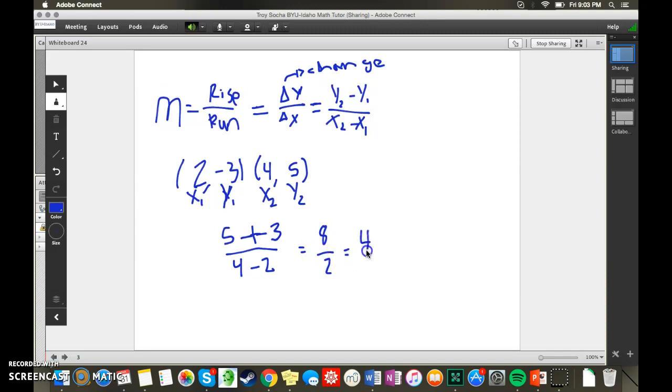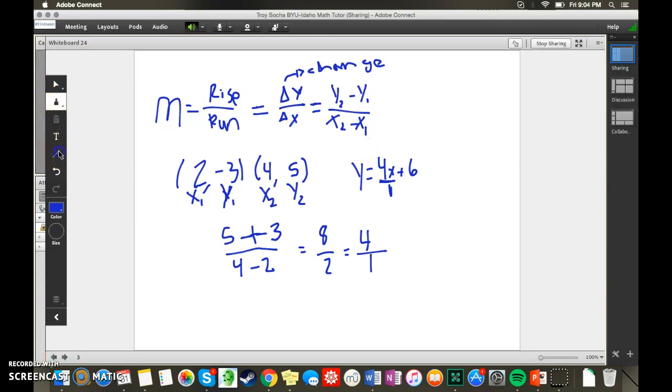Now you're saying, wait, 4 is a whole number. How can it be a fraction? If you remember, anything over 1 is always itself. So our fraction then becomes this. We know that this right here is over 1. So our slope is 4 over 1.